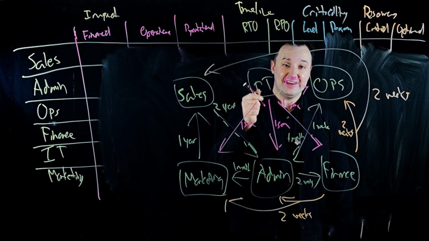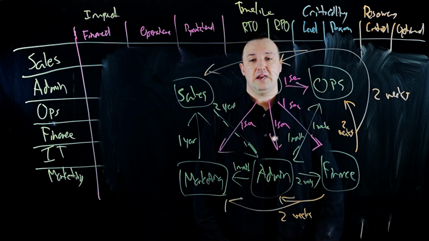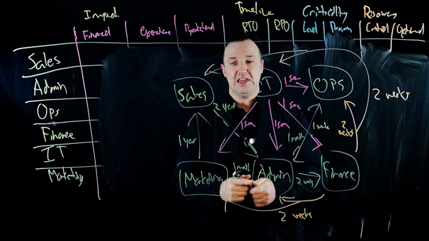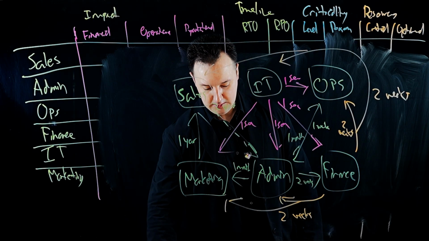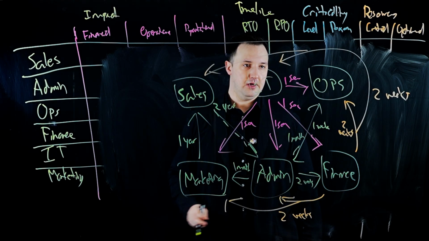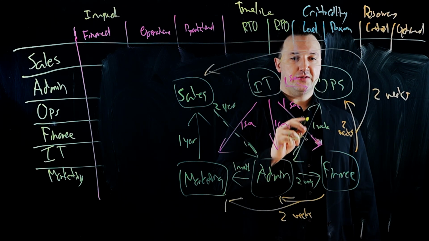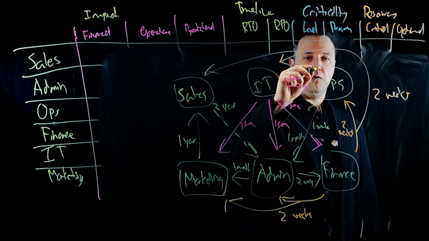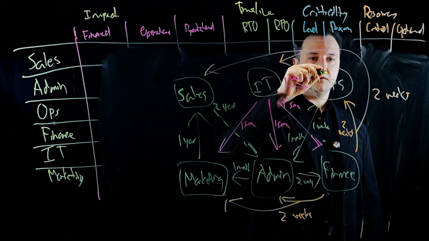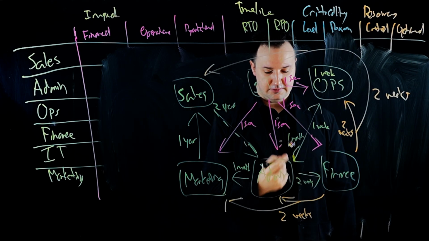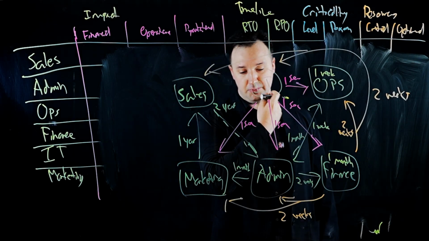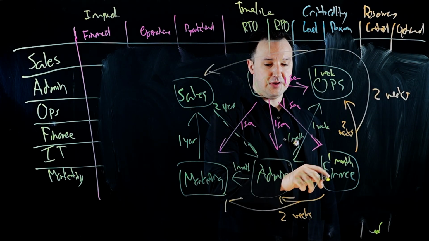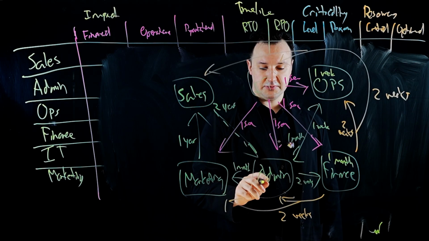We can now add in criticality and we can add in RTO. So within each box, what is the desired RTO of the thing? We haven't used yellow yet. Let's use yellow. So ops might have an RTO of 1 week. Finance has an RTO of 1 month because of paying bills and whatever. It wants to make sure that it doesn't have contractual problems.